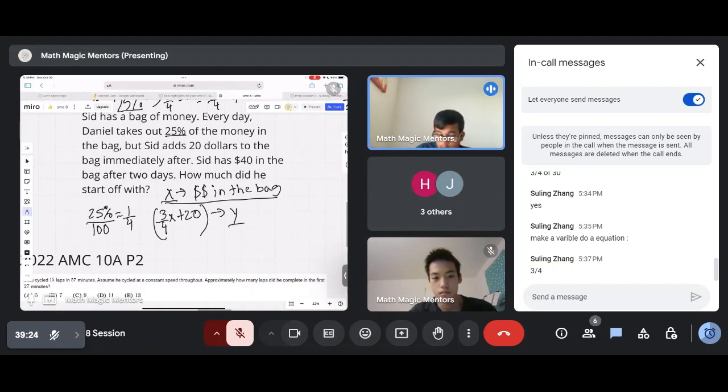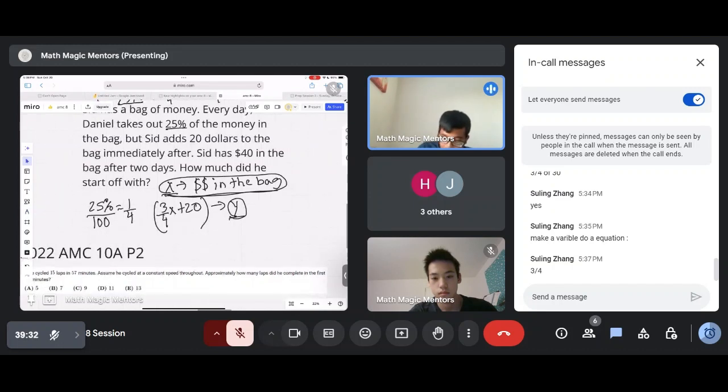But with Y now, because originally I had X amount of money in the bag, but now I have Y amount of money in the bag. So now it's the same thing, three-fourths Y plus 20, but now it's with the new amount of money that I have, because obviously I don't have the same amount of money, right? Because Daniel takes out 25% of it, and I add $20 more.